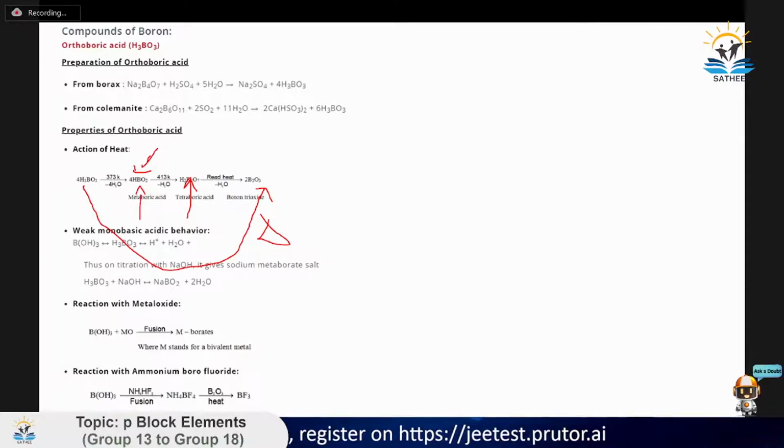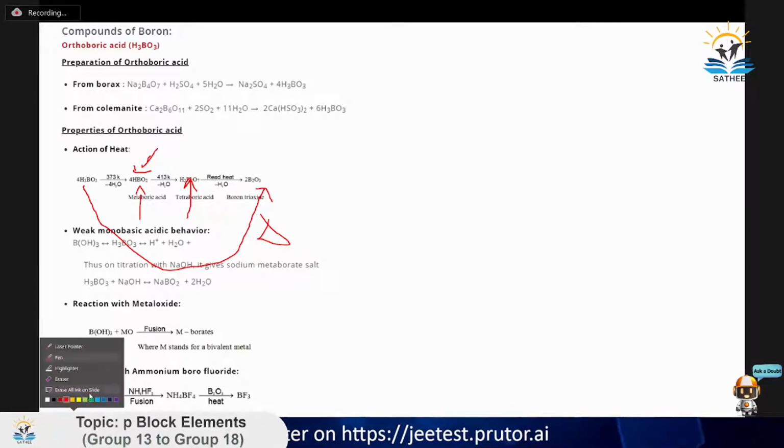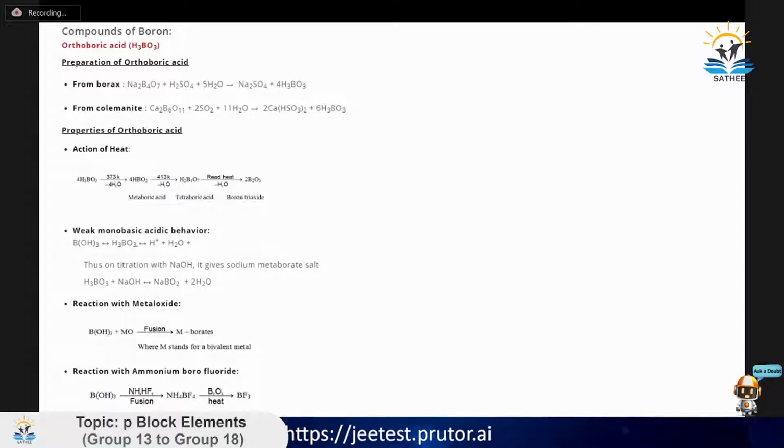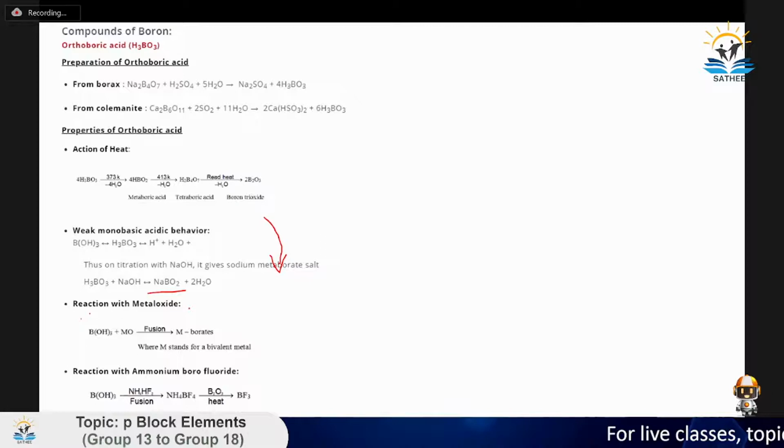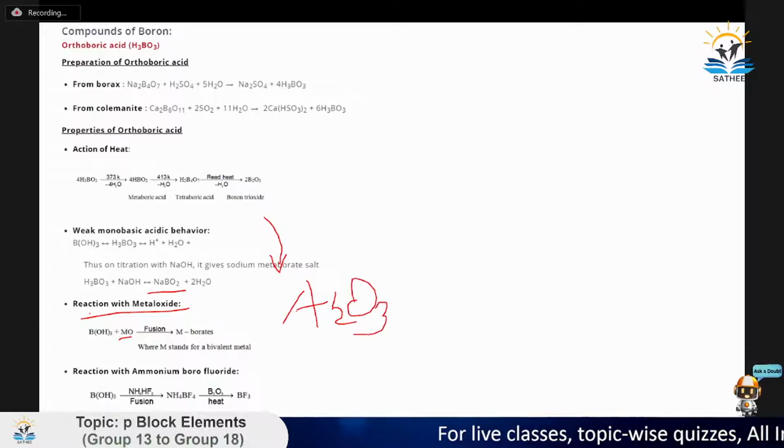Also, an important thing is that boric acid is a very weak monobasic acid. Because it is a weak monobasic acid, on titration with NaOH, it gives sodium metaborate, which is this. Other than that, here are a few other reactions, like reaction with metal oxides, MO, or probably Al2O3 kinds.